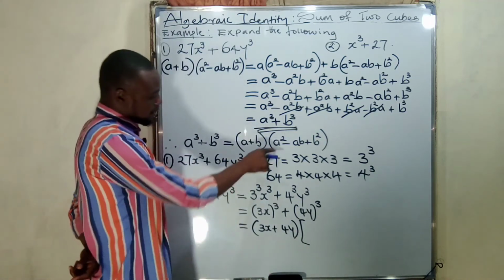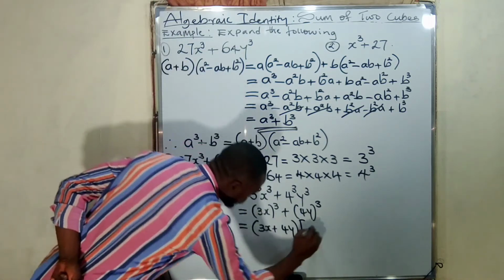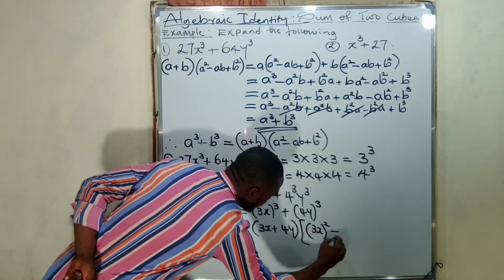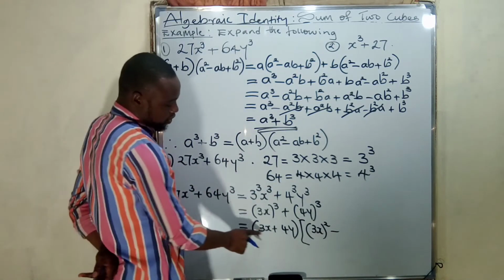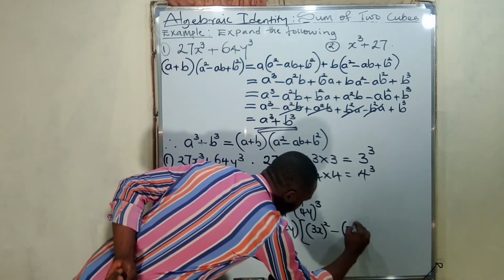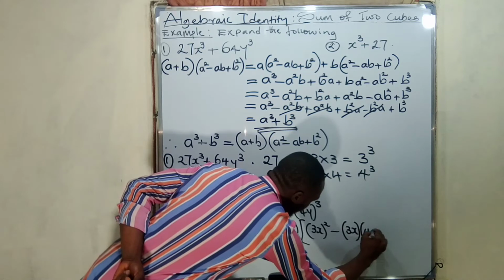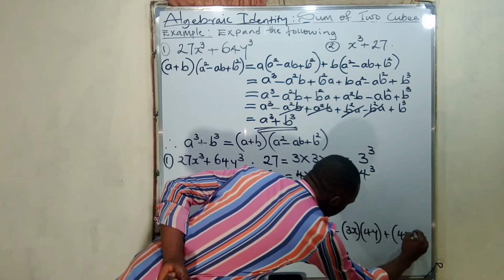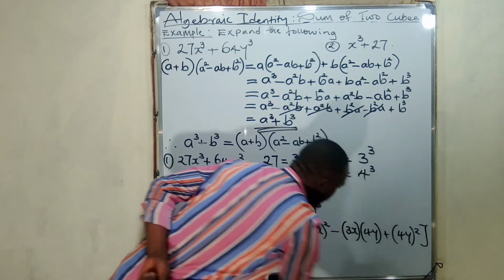And inside this bracket I have a squared, so this is 3x squared, minus a multiplied by b, so a is 3x and b is 4y, plus b squared, close square bracket.